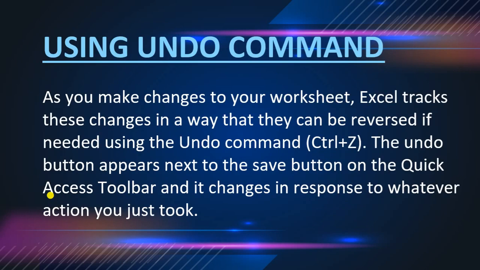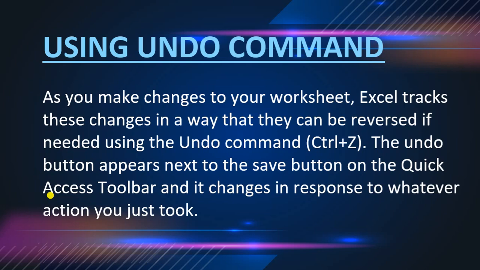Now, using the undo command and the redo command. You have been studying since class 3 what the undo command and the redo command are. The shortcut key for the undo command is Ctrl+Z. If you have made any changes in the worksheet and you want to reverse them, then you use the undo command, that is Ctrl+Z.